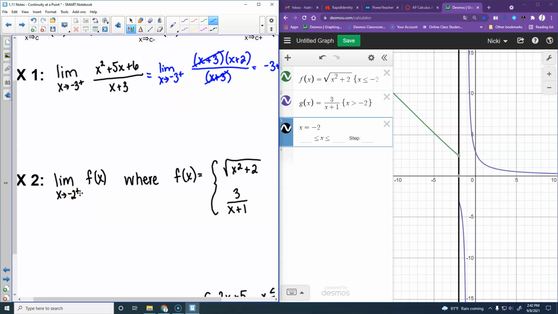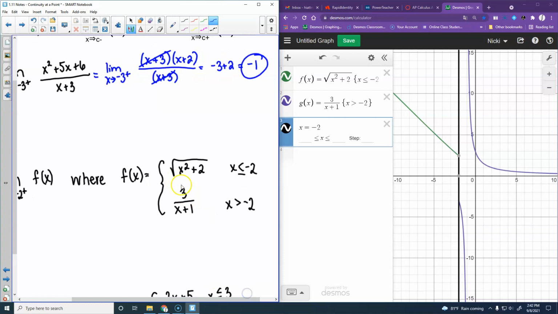Which function is on the right? The green one or the purple? Purple, right? That purple graph is the 3 over x plus 1. So I'm thinking about this graphically.